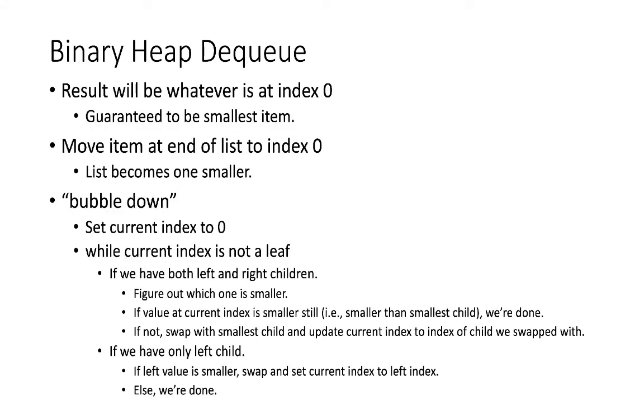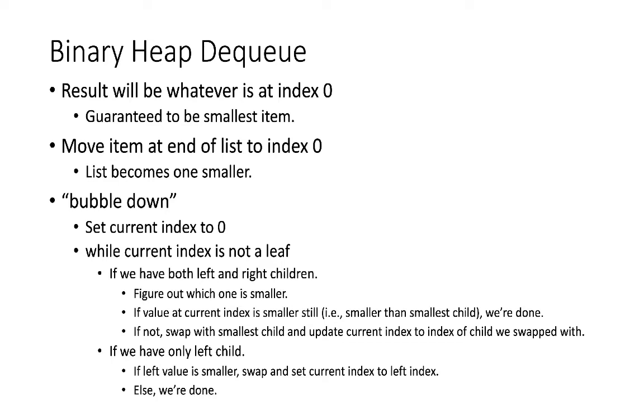Okay, so to take something out of a binary heap, we know exactly where the small item is. So remember, a binary heap is an implementation of a priority queue where the invariant is always that in the tree, the value at a particular node is always smaller than either of its children.